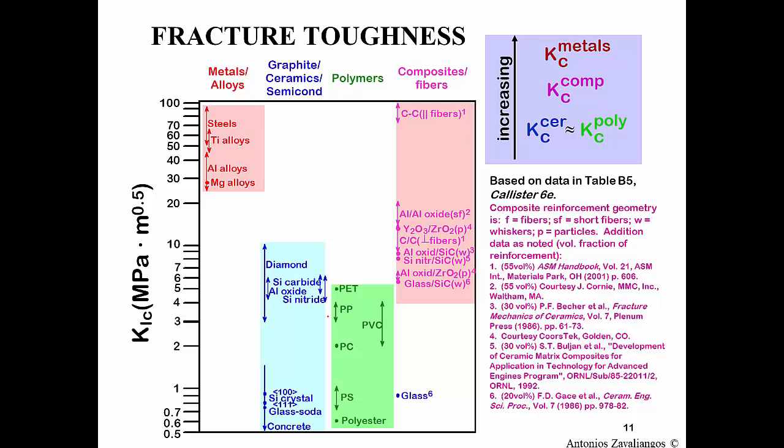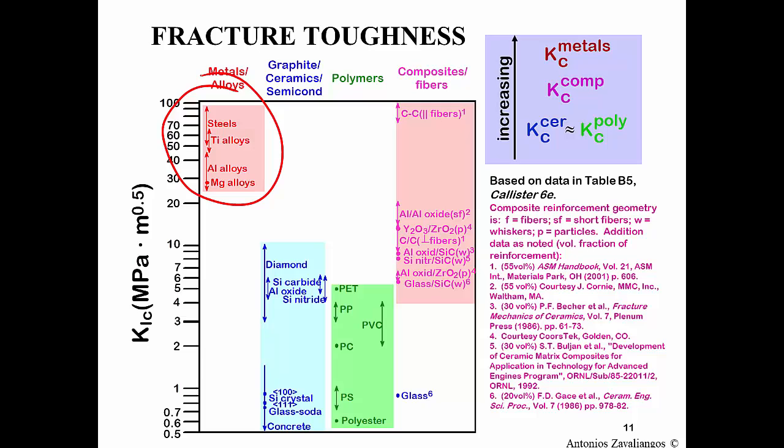Let's see where the different materials fall with respect to fracture toughness. Well, you can clearly see why metals are useful, because their fracture toughness is quite high. And at the very top of the ranking for the different materials, we have steels, some steels, not all of them, that have reasonably the highest values of fracture toughness.